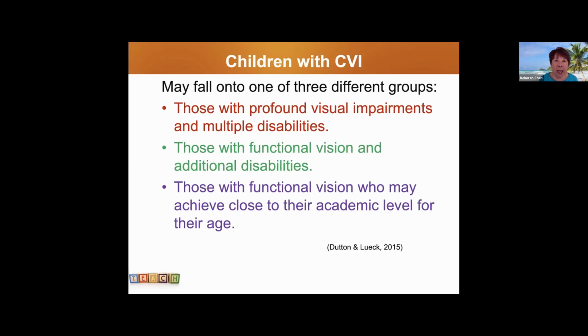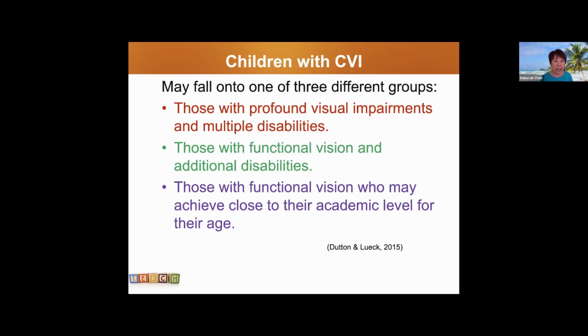So as we know, children with CVI are very complex and very complicated. And from vision in the brain, Dutton and Lewick identified 3 different groups that children with CVI may fall into. The first is a group of children that have profound visual impairments and multiple disabilities.